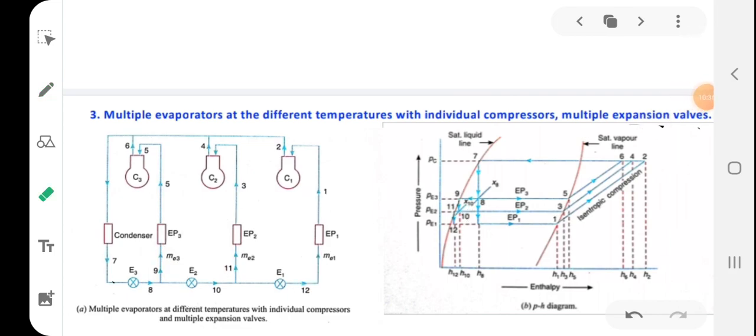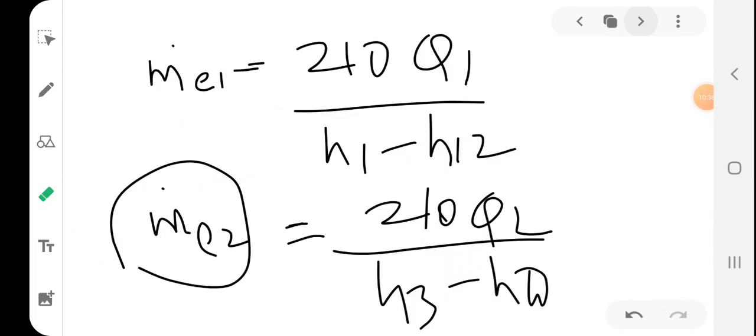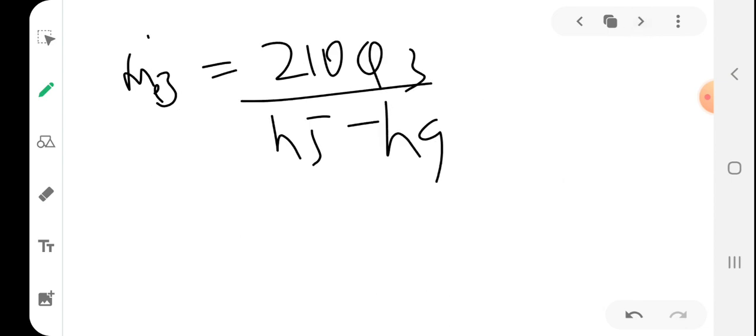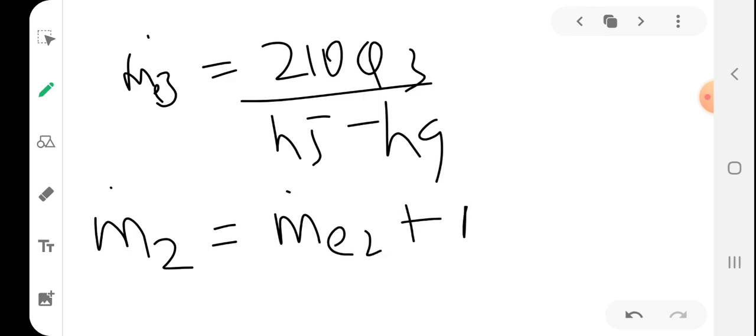So you have to make a small change here. m dot e2 is 210 Q2 by H3 minus H10, but actually m dot 2 will be equal to m dot e2 plus some extra amount of refrigerant passing through evaporator 2.